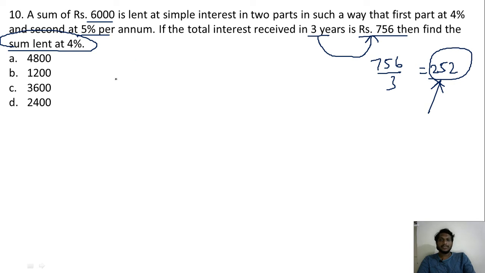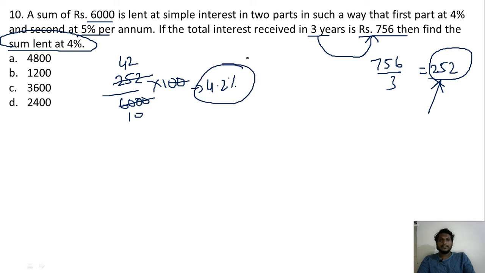Now how much percent is this? 252 by 6,000 into 100. 6 into 10, and this is 6 into 42. You have 4.2%. On overall, for 1 year, the cumulative interest is 4.2%. Or this is the combined interest.